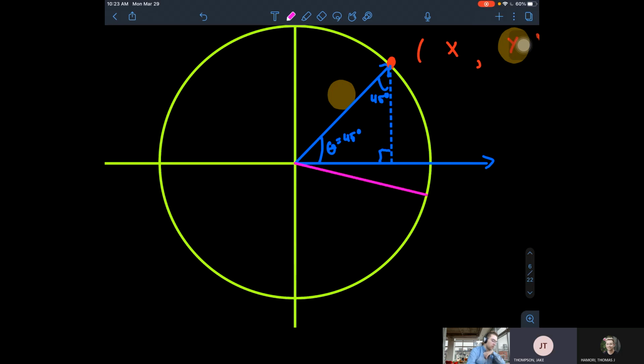Not 0. Or 1? 1. The special fact of the unit circle is that no matter where I put this pink line here, the distance from the center of the circle to the outside of the circle is 1. Okay, that's why we call it the unit circle. 1 means unit.